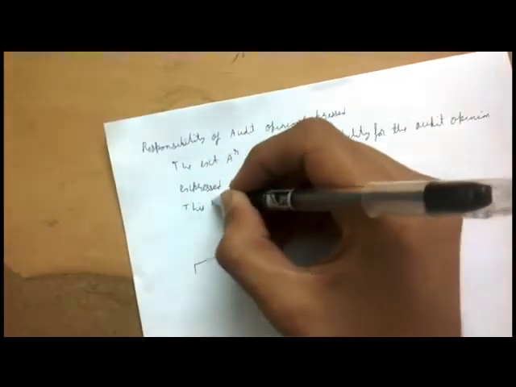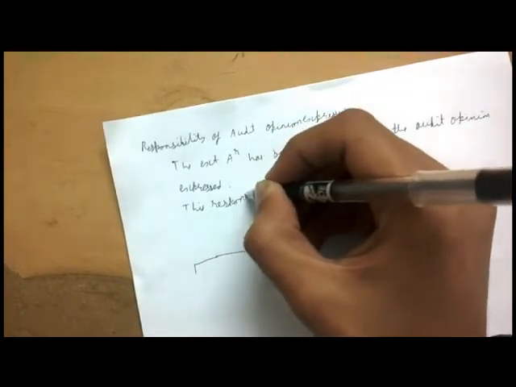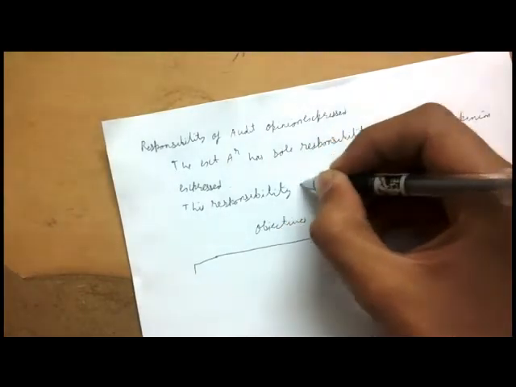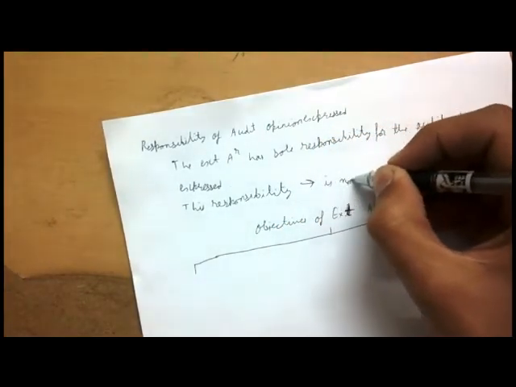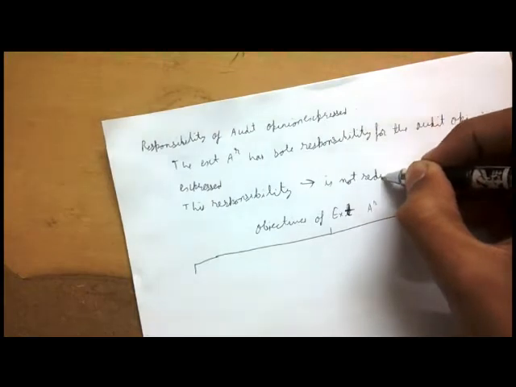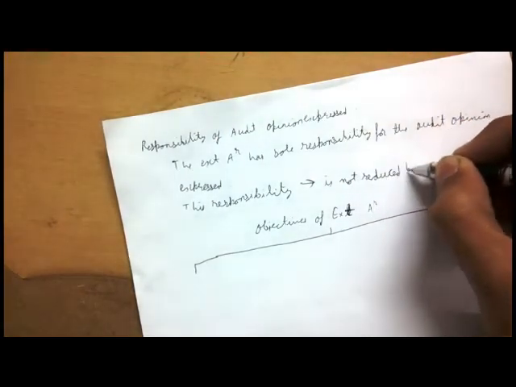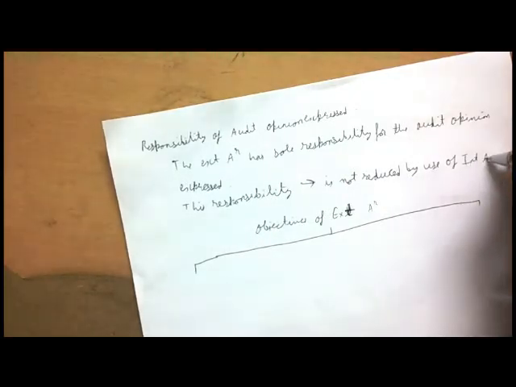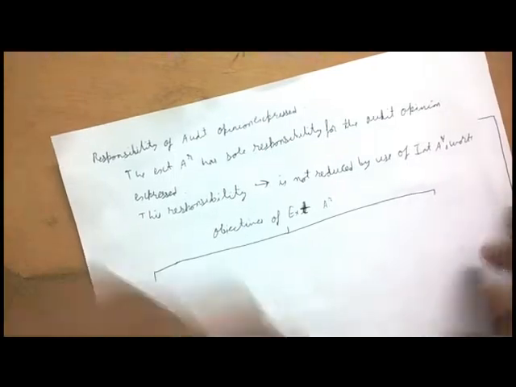This responsibility is not reduced by use of the internal auditor's work. Right? If he's using the work of the internal auditor, his responsibility is never going to be reduced.